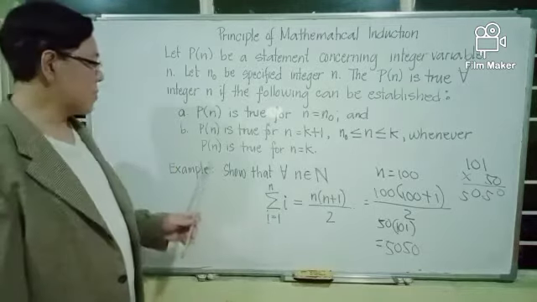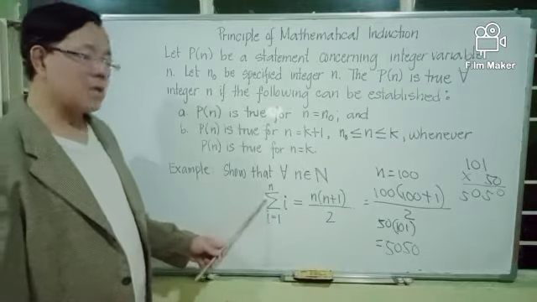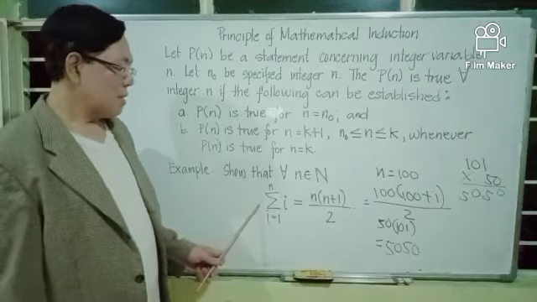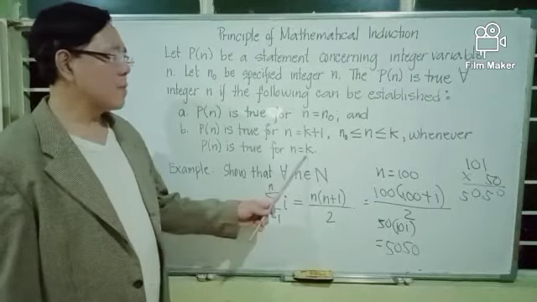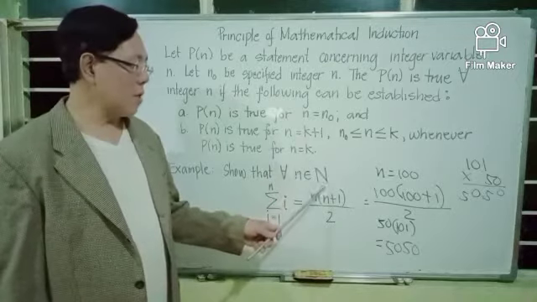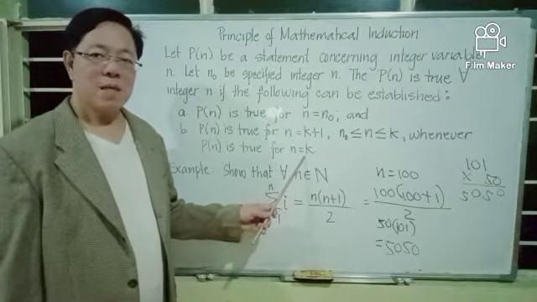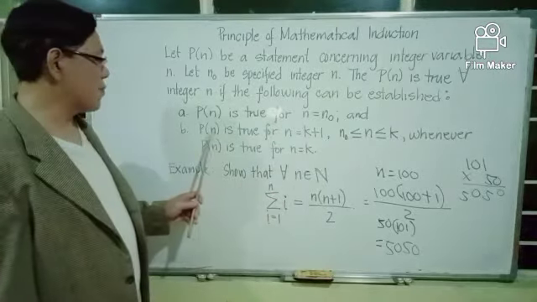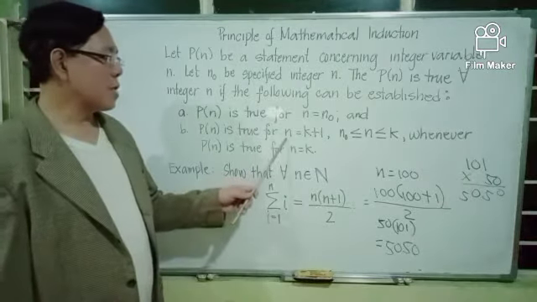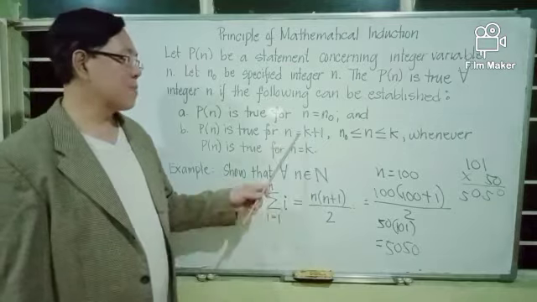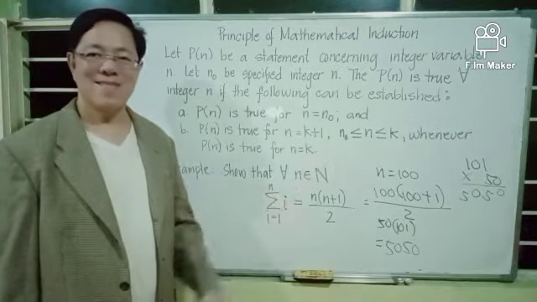And the second part of the proof, we will assume that this equation or formula is true for an integer or natural number k. And if that is true, we have to prove that this statement is also true for an integer or natural number k plus 1.